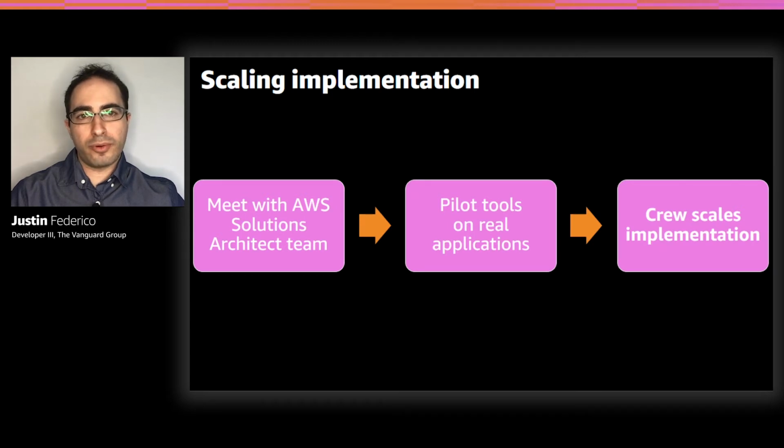By having both in parallel, we could make sure that there were no gaps left, and we felt really comfortable with the results. Once we felt comfortable with this, we wanted to share our knowledge and start to expand to other teams and employees here at Vanguard, as we like to call them, crew members.